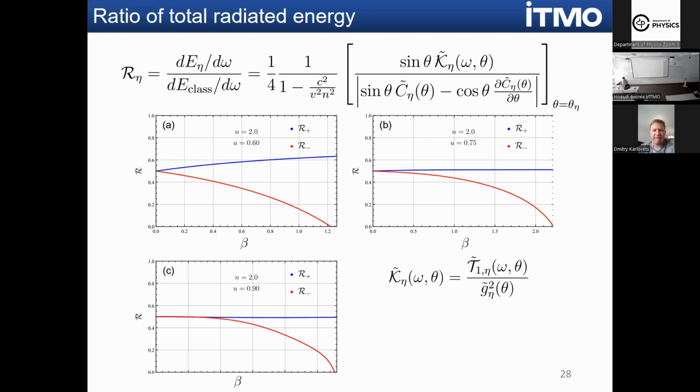If we have an angle, yes, we will have two cones also. There has been a study of Cherenkov radiation in birefringent media, so this is not new.